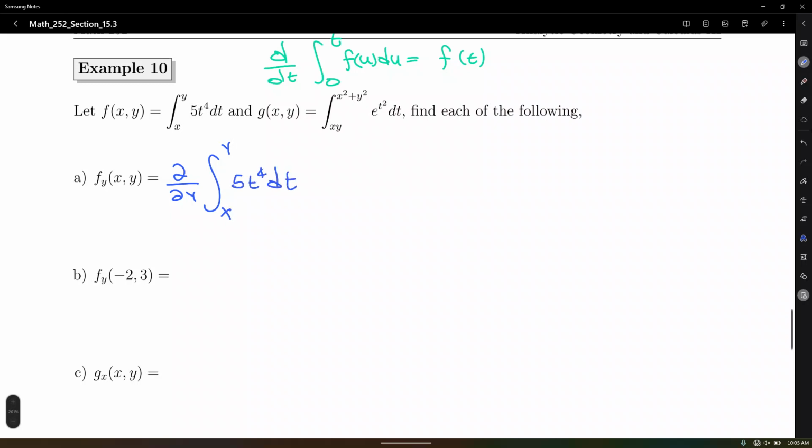I know this one is a polynomial function. You can easily integrate 5t to the 4th to get t to the 5th. Agree? However, I'm going to take a different approach because this is going to help you visualize the differentiation of this crazy one. Because it's going to get a little crazy. Well, suppose this 5t to the 4 is just some function f of t. In the end, that's what it is.